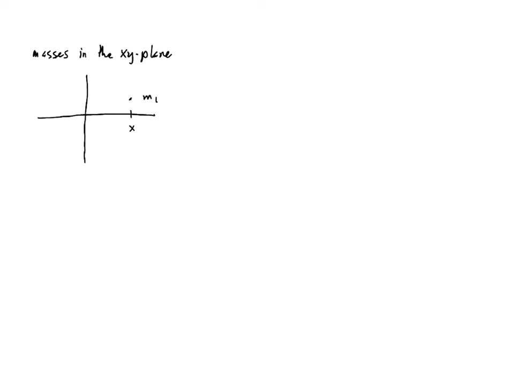It has x-coordinate x1 and y-coordinate y1. Maybe the second point mass is over here in the quadrant over here. It has mass M2, x-coordinate x2, and y-coordinate y2. And let's say maybe the third one is up here in the second quadrant, mass M3 with the y-coordinate y3 and the x-coordinate x3.